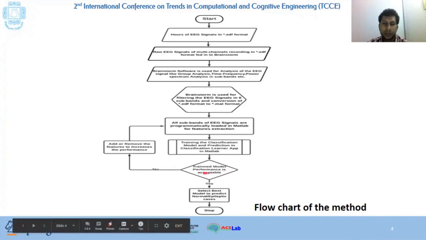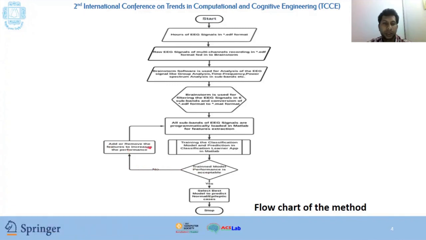If the performance of that model is not up to the mark, we again move towards improvement: we can remove or increase the features as required, extract the signal features again after the changes, and again use the classification models for training.